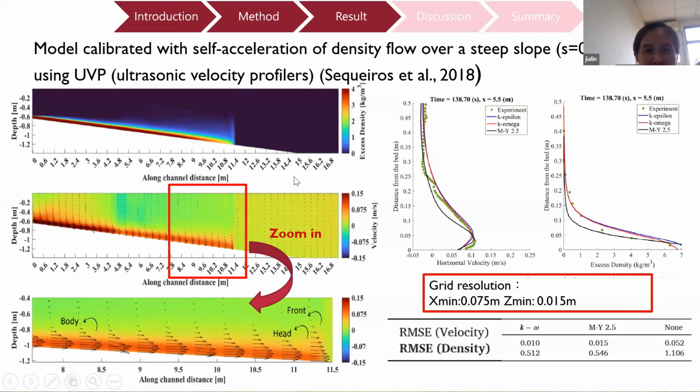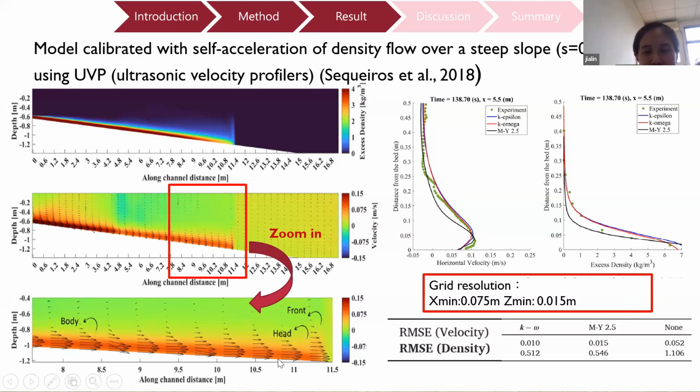This experiment was done by another researcher in the lab, and he has a 50-meter long water tank, and he used a UVP to record the location of the density current.